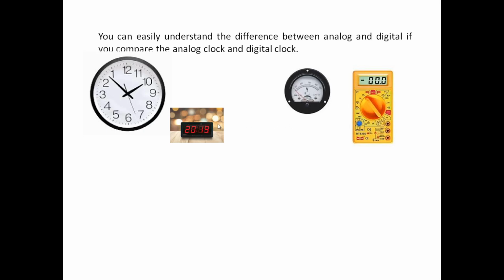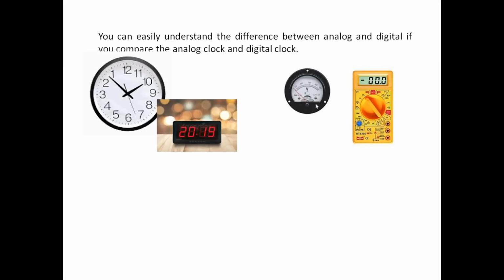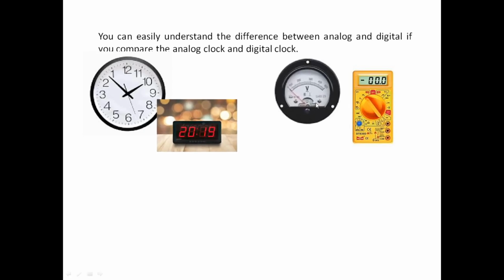If you compare the analog voltmeter and digital multimeter, again you can see the analog voltmeter shows the magnitude of voltage in the form of a deflection on the calibration, and you have to read the value on the calibration.